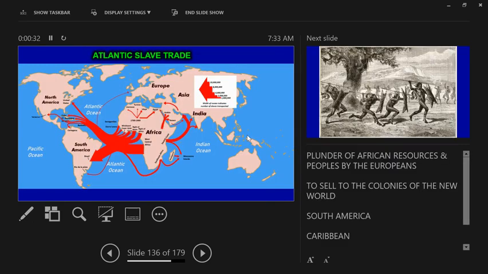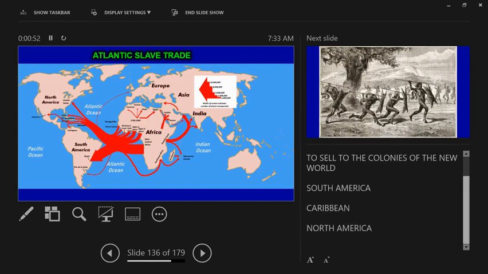Okay, everybody. So to tell this next story, I need to remind you guys of the Atlantic slave trade. So this was the plunder of African resources and peoples by the Europeans in order to sell to the colonies of the New World, and also South America, the Caribbean, and North America.